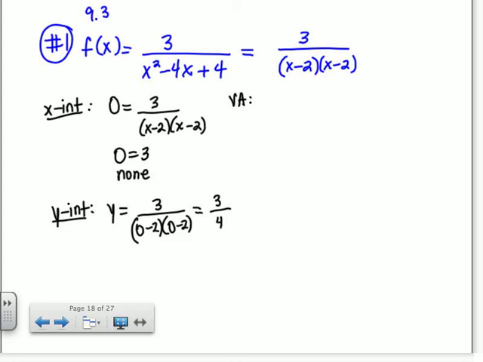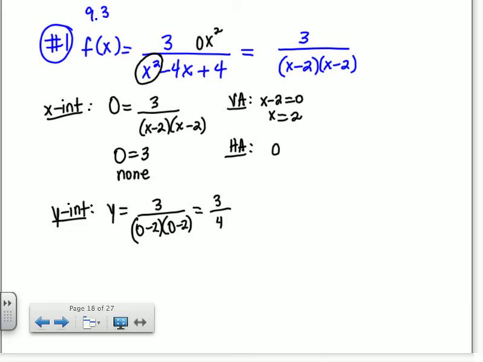Vertical asymptote. Set your denominator equal to 0, so x minus 2 equals 0, so it's at x equals 2. Horizontal. So looking at your original, what is your largest degree? X squared is your largest degree, right, 2? So there were no x squareds on top.